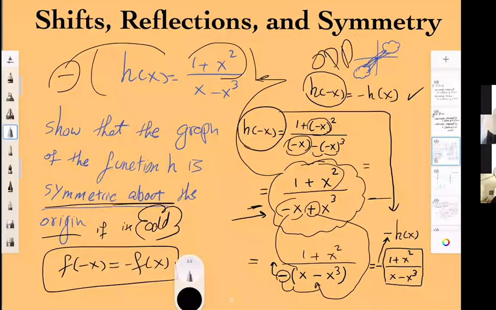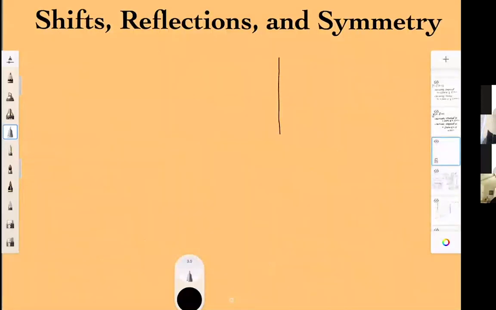So if a function goes through the origin, can it still be even somehow? Oh, very good question. Yeah, this x squared will be even. Okay, thank you. Very good.